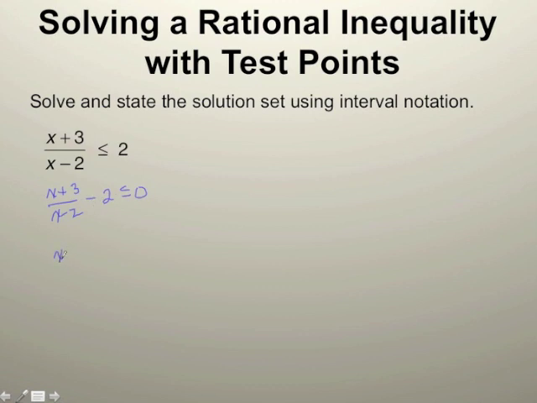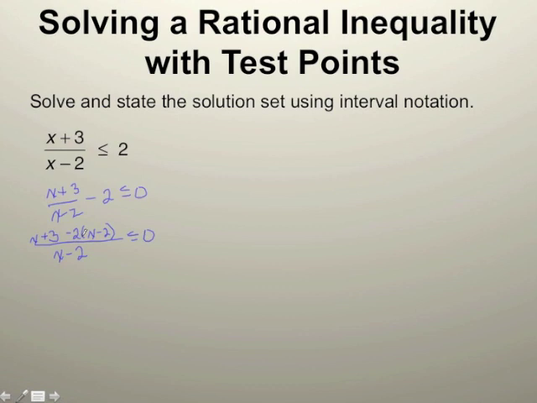The common denominator is going to be x minus 2. We already have an x plus 3 from this one. So here, to make this over x minus 2, we're going to have to take that negative 2 times (x minus 2). Still less than or equal to 0.